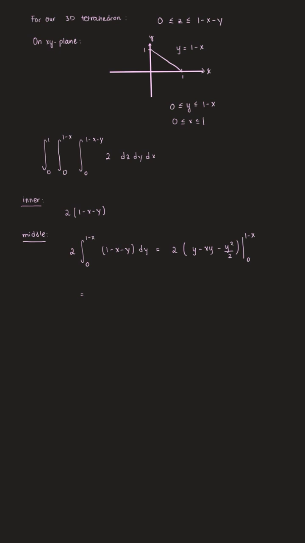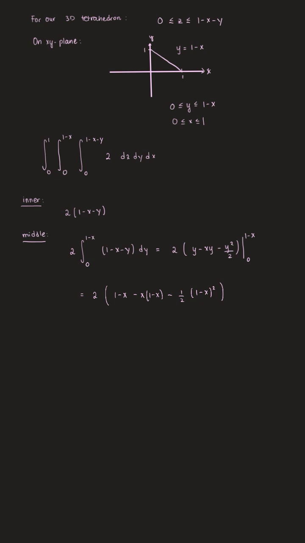So this will give us 2 times y is 1 minus x, then we have a minus x times 1 minus x, and minus 1/2 times 1 minus x squared. And when we subtract 0, we get 0.